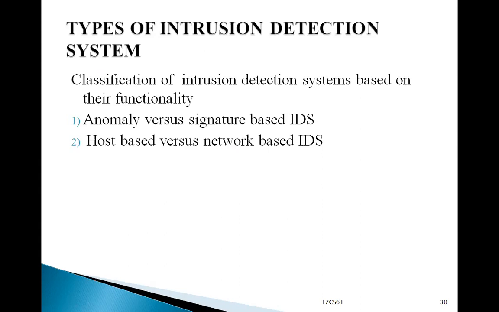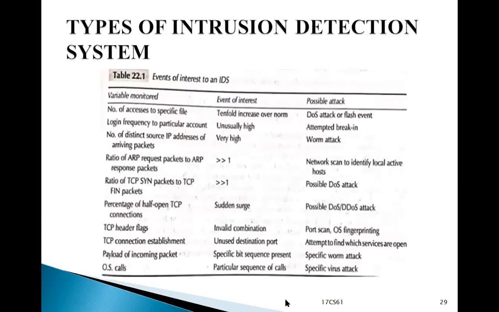For example, an attack signature is a specific bit sequence in a worm payload. That is, the payload of an incoming packet has a specific bit sequence present.